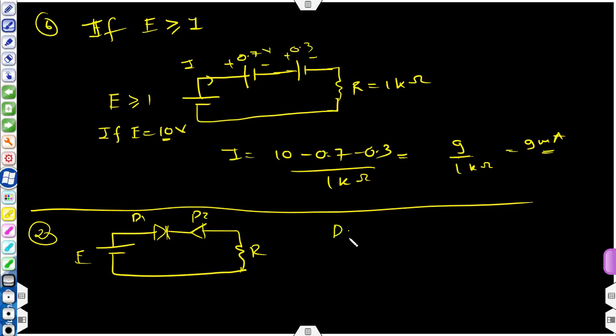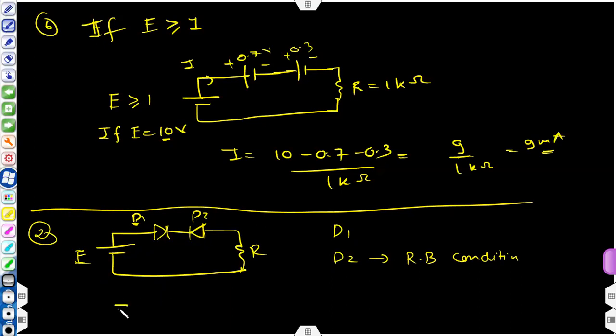Now no matter what D1 and D2 are, one diode will always be in reverse bias condition. In this case, D2 will always be in reverse bias condition. Although we can make diode D1 forward biased by appropriately choosing E, D2 will always be in reverse bias condition.